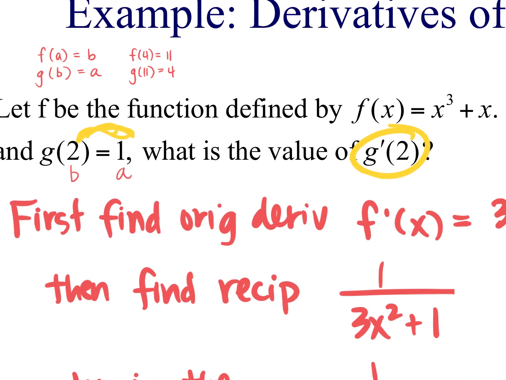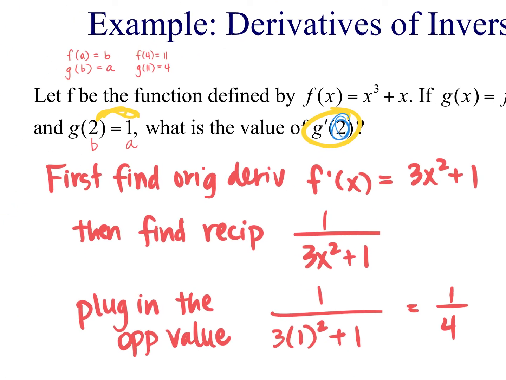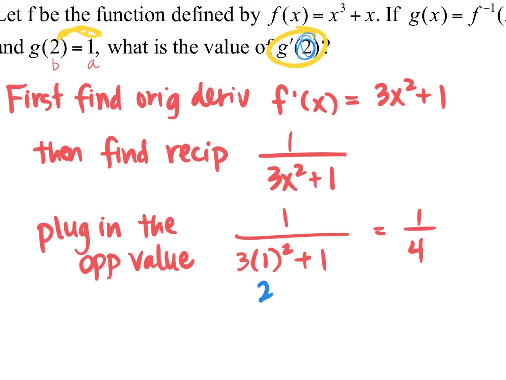With multiple choice, you never actually plug in the number 2. Would they ever trick you and put the f of x instead of the g of x? Of course. If it's multiple choice, they're going to have the wrong answer as an option. What if they plugged in the number 2 here?